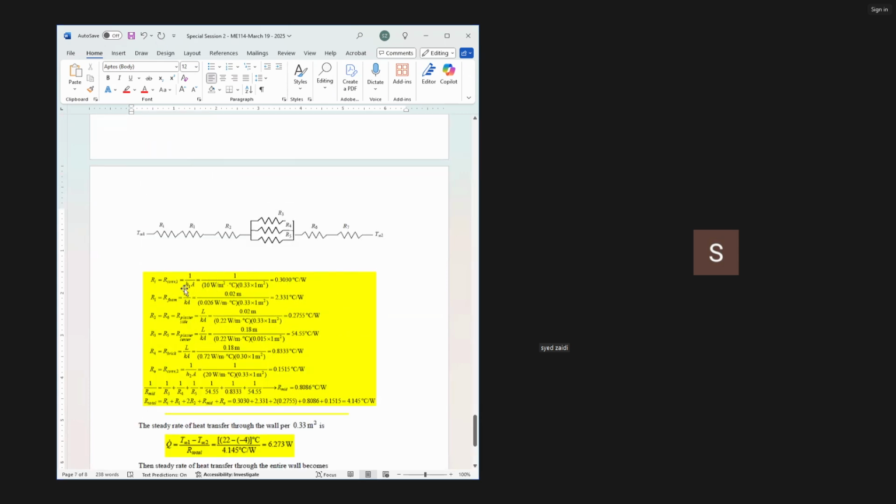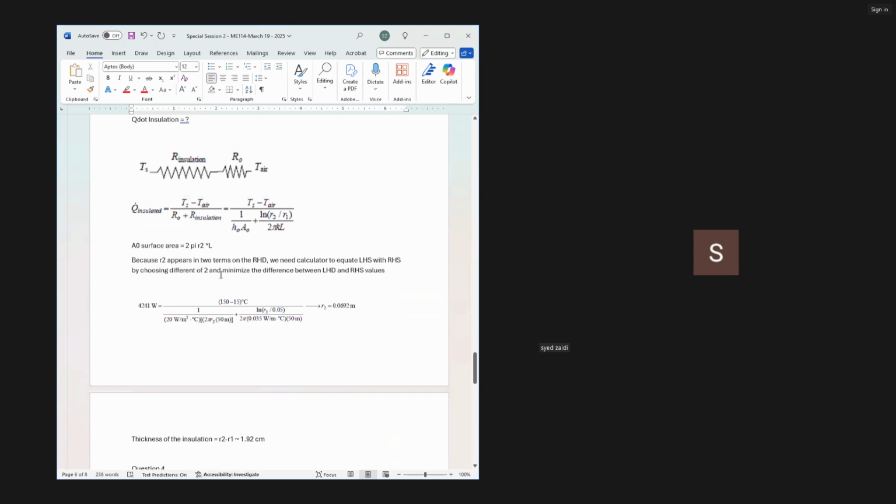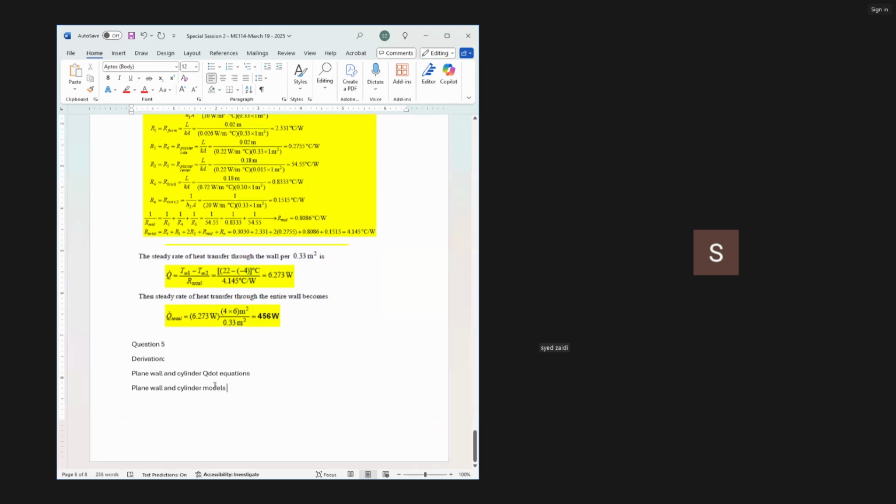This model is for the plane wall, but for the circle, we have used it here. This is for the circle, log R2 over R1, 2 pi L K, 1 over this. Make sure these two things were derived in the class, so I would like you to really carefully look at that.